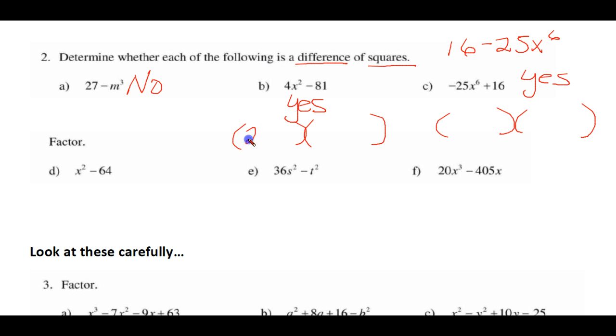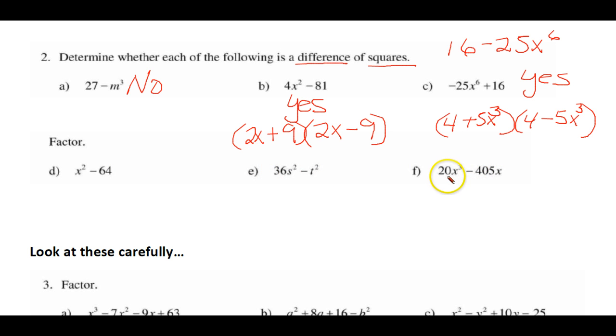So this would be 2x plus 9, 2x minus 9. These were conjugates. This would be 4 plus 5x to the 3rd, 4 minus 5x to the 3rd.